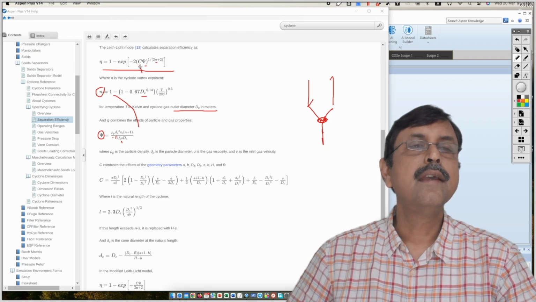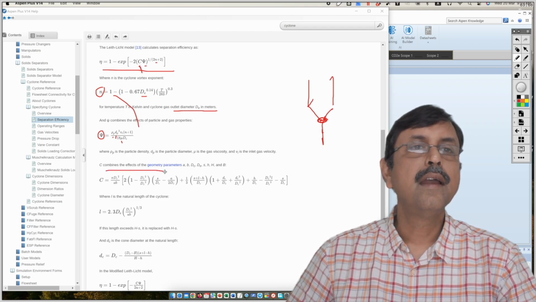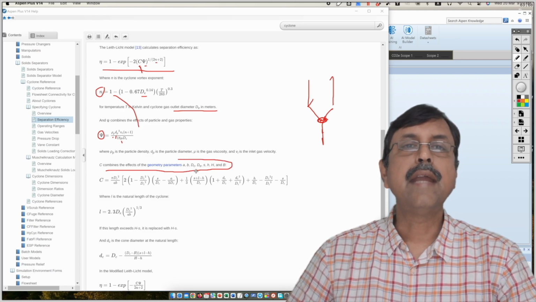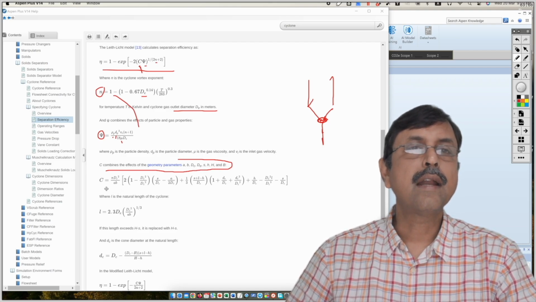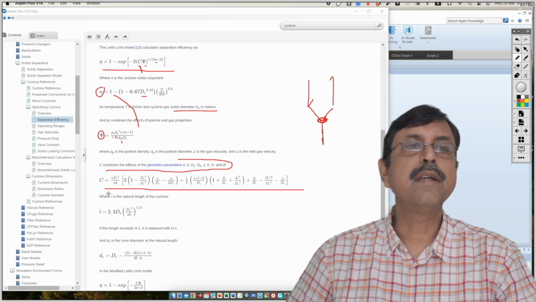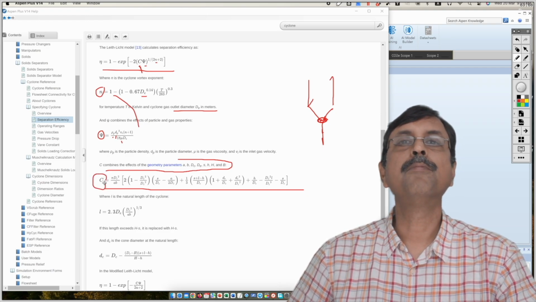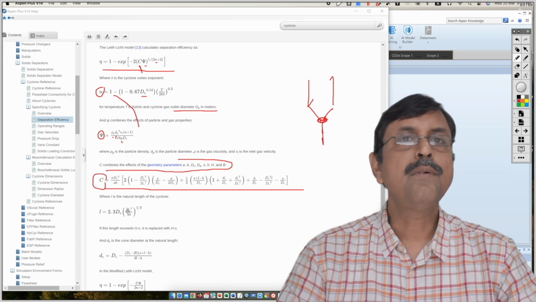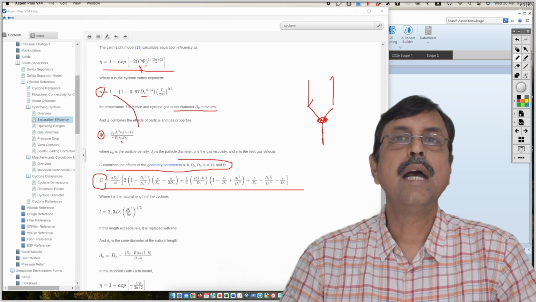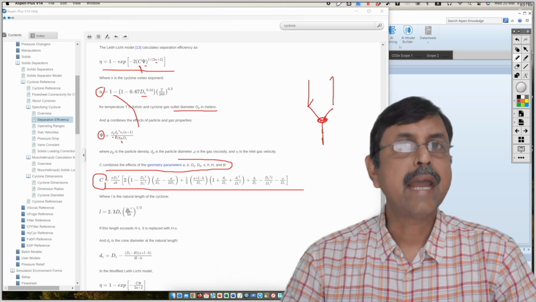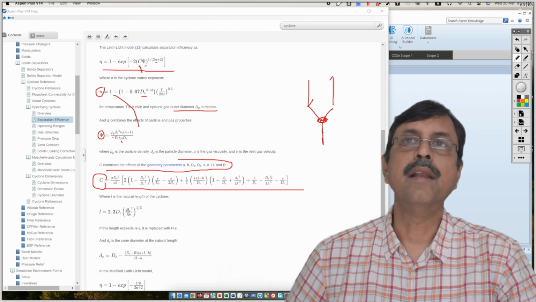And C is the combined effect of geometry properties. So all the geometric properties, A, B, diameter of body, height, all those things are combined over here through this equation, and you can find C. Okay, so that's how you choose the type and the dimension or the calculation model.